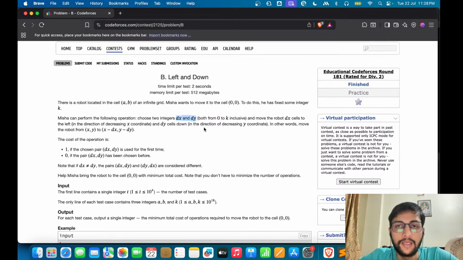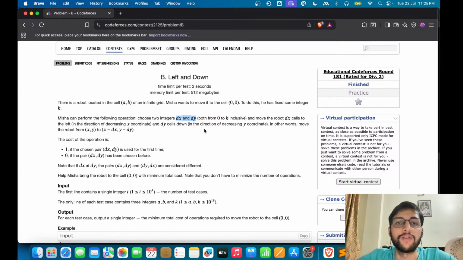So basically in one operation we can change the coordinates of the robot from x comma y to x minus dx comma y minus dy, and such an operation will only cost us one coin, or one cost just once. Other than that, otherwise we will just be getting 0.